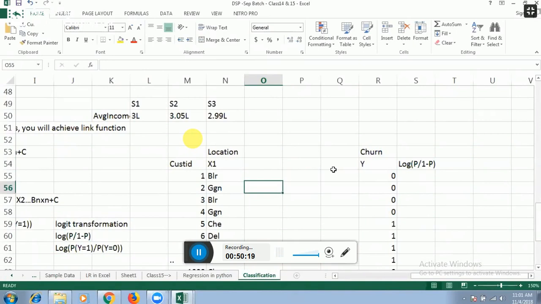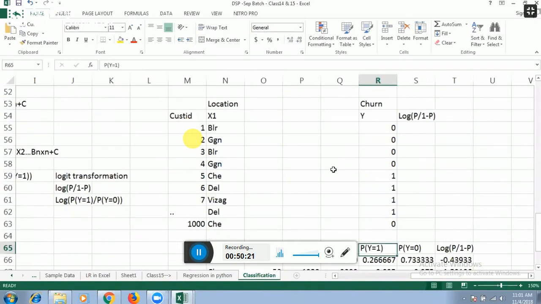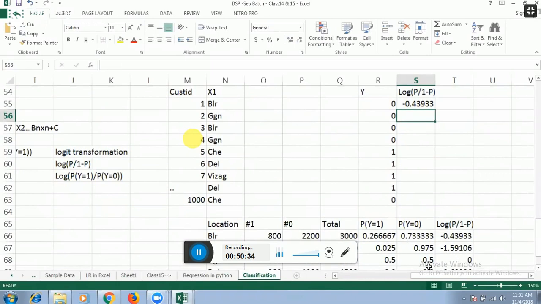Now how my value, wherever Bangalore is there, I will replace this value with the minus 0.43933. And wherever Gurgaon is there, what is the value of log odds? 0.5, right? Correct or not? And the Bangalore, of course, minus 0.43933.